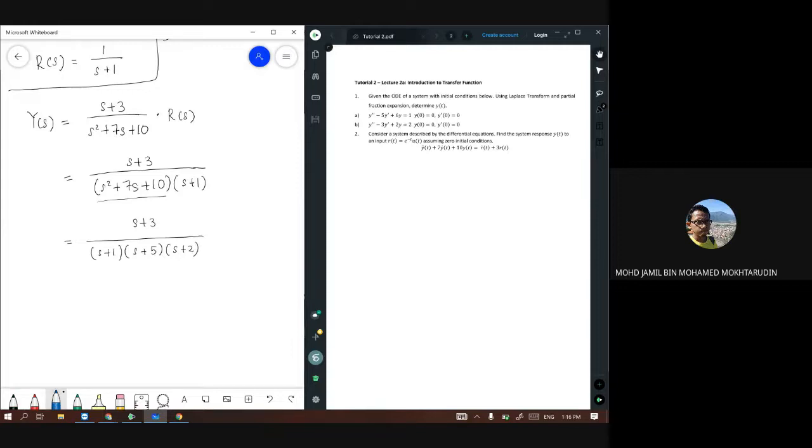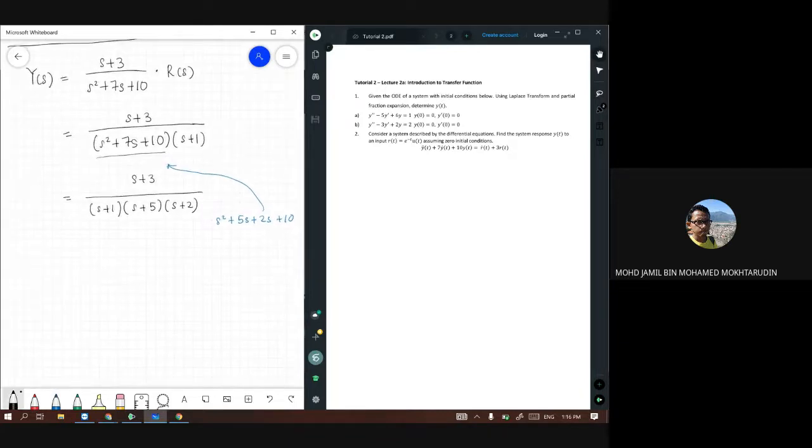You can check: S squared plus 5S plus 2S plus 10, same. Then you split into partial fractions: A over S plus 1 plus B over S plus 5 plus C over S plus 2.